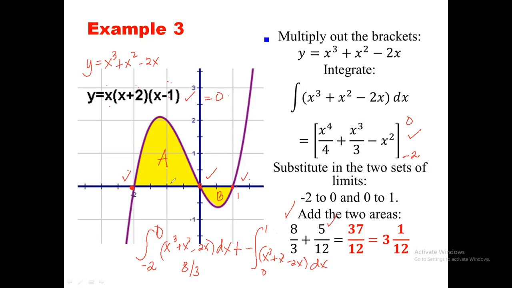So in that case, you have now 5/12 plus 8/3, and that would be 37/12. So this third example, class, is a very simple example of how integral calculus determines the area bounded by the curve and the x-axis.